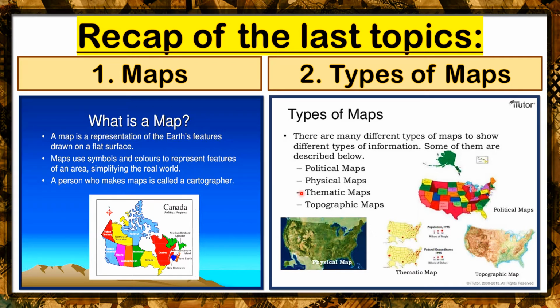Thematic maps show the population of the area. Topographic maps also show the physical features of the given area. We also discussed road maps, which show us the names of the roads and the streets, as well as population maps, which use colors to determine the numbers of people living in a particular area.